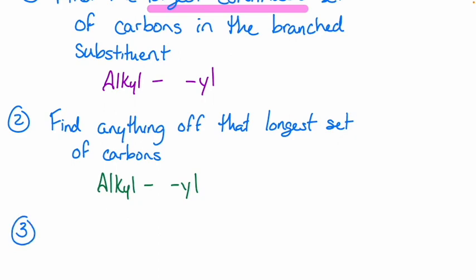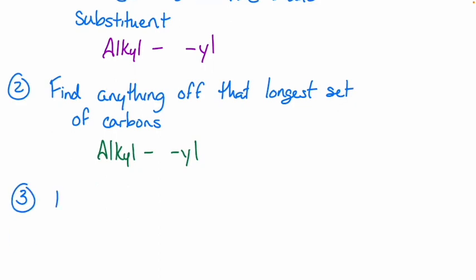Okay, we got a number again, so we're going to number that longest chain. But here there's no ambiguity in terms of which direction you number from. You're always going to start numbering where carbon 1 is the carbon that's actually attached to that parent chain.